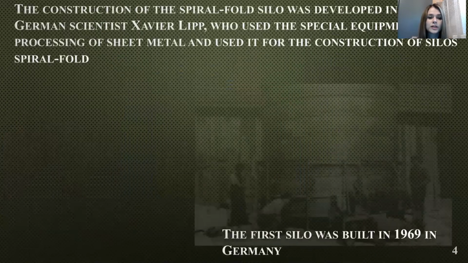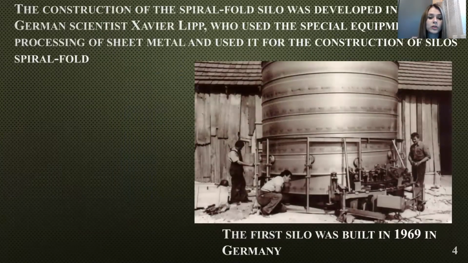One of the most advanced types of thin-walled spatial construction are highly industrial and economical metal silos of the spiral fold type. The construction of spiral fold silo was developed in 1968 by a German scientist, Xavier Lipp, who used special equipment for processing of sheet metal and used it for the construction of spiral fold silos.